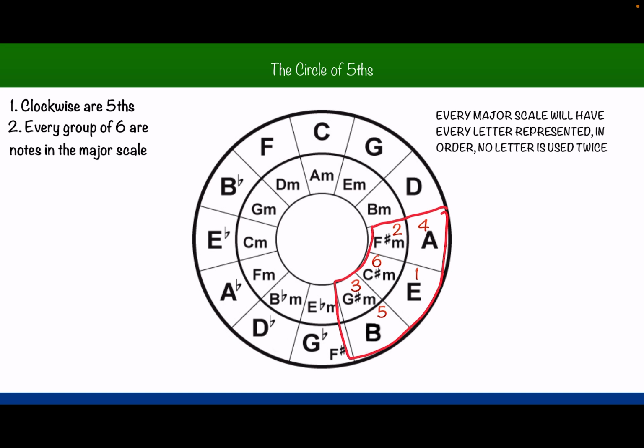Every major scale will have every letter represented in order. No letter is used twice. Now, some letters will be sharp or flat, but every letter is going to be in there. So do you see the problem we have with this 7th interval? It's E flat. We can't use it because E is already in the major scale. It's the 1, it's the root, E. We cannot double use a letter.